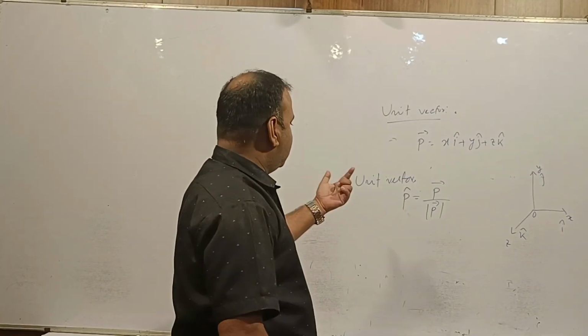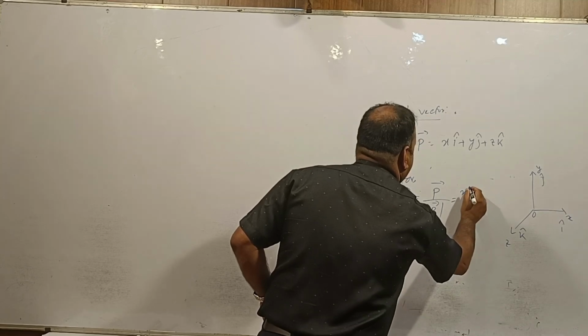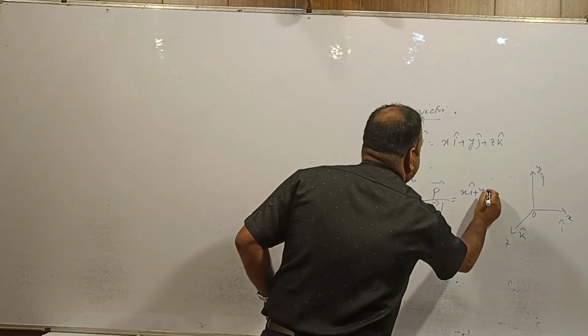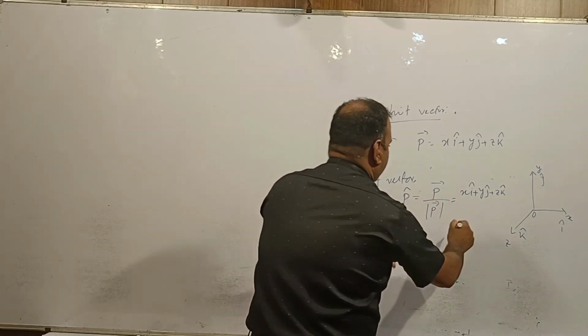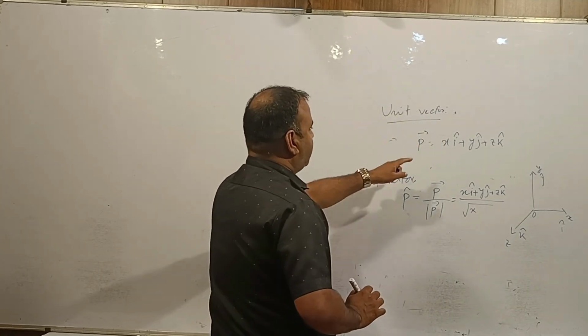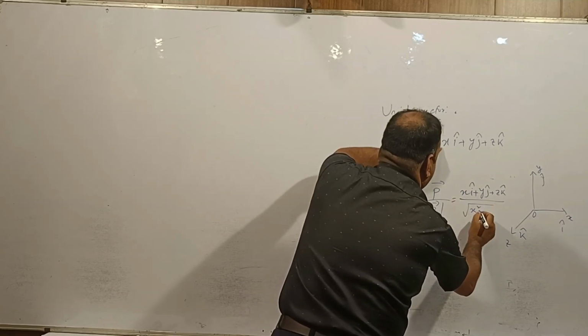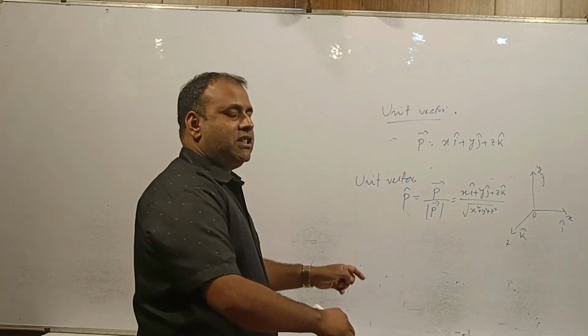So using this formula, what is the value of P vector? Here it is given as x I cap plus y j cap plus z k cap. Modulus means the coefficients squared, that means it will be under root x square plus y square plus z square. So this is the idea about the unit vector.